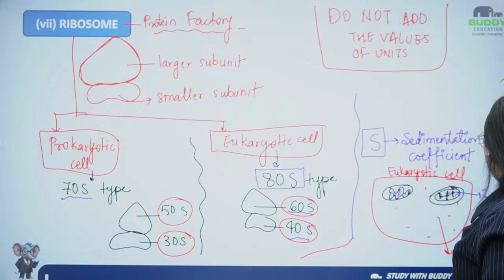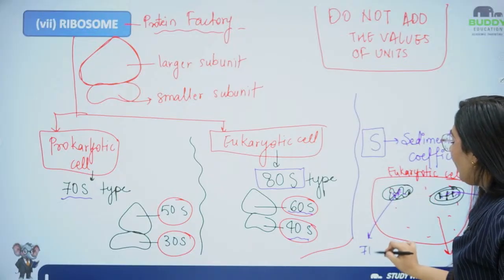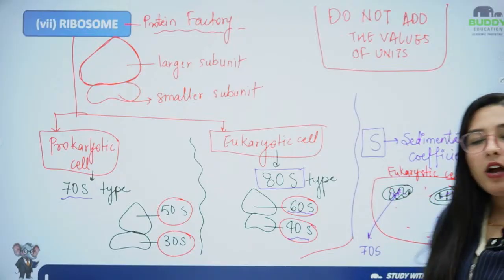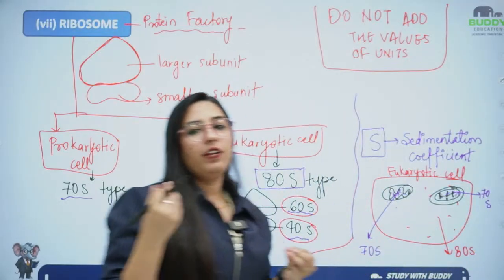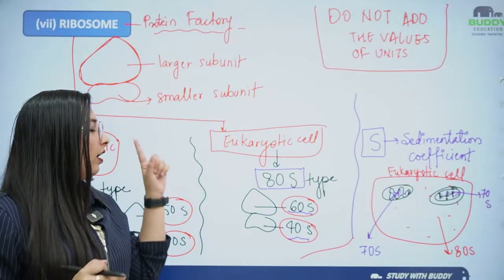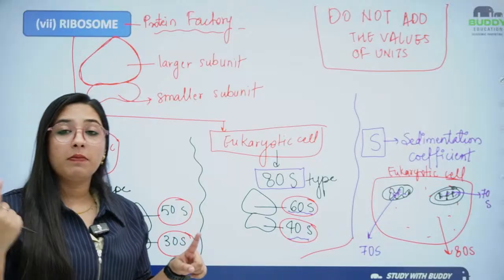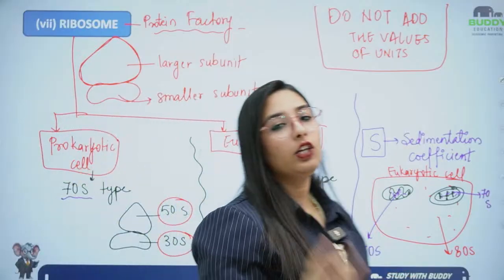Here you have 70S type of ribosome, and here also you have 70S type of ribosome. So understood, even in the eukaryotic cell we have two types of ribosome: 80S in the cell, and 70S inside the cell organelles, that means mitochondria and chloroplast.